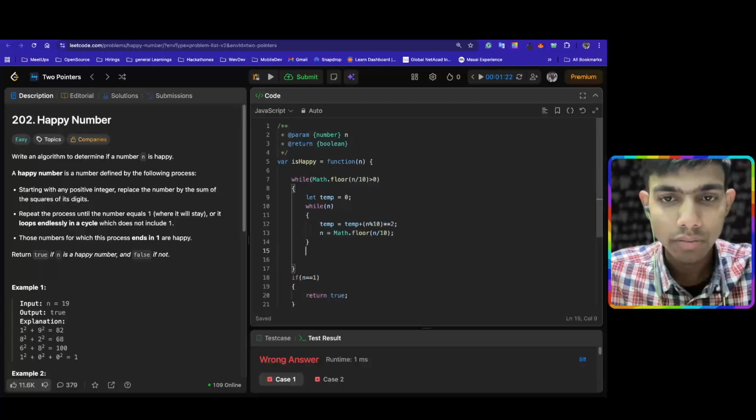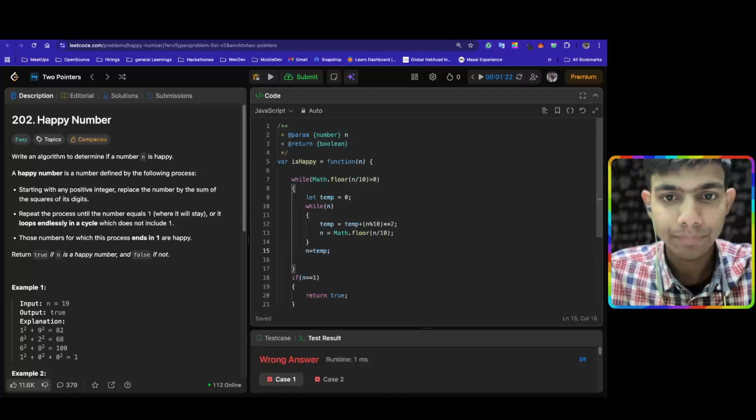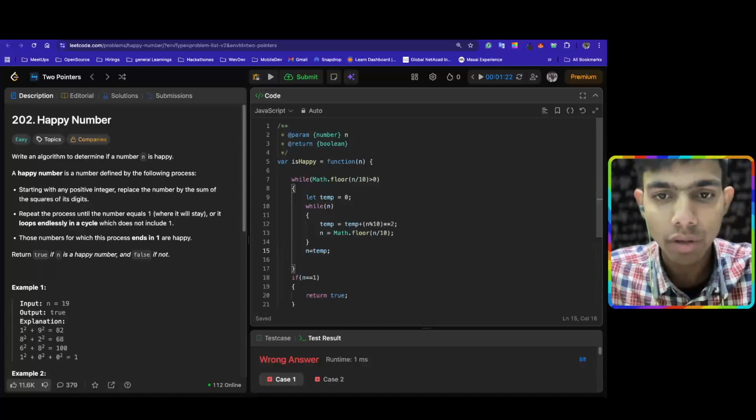Then after coming out of this inner while loop, we can assign n is equal to temp, because we need the updated value and the updated value is in this temp.